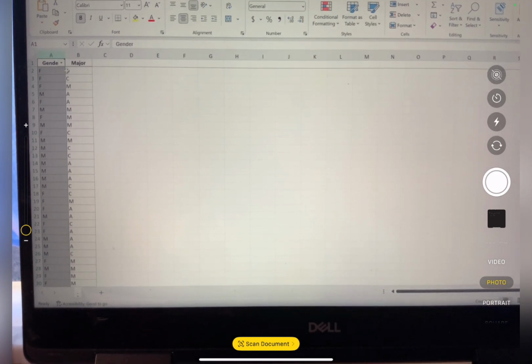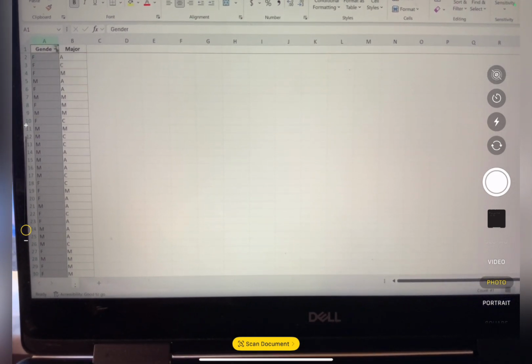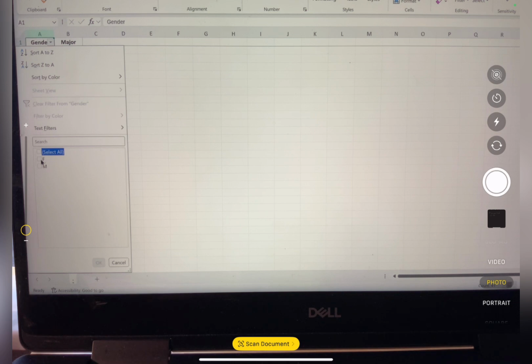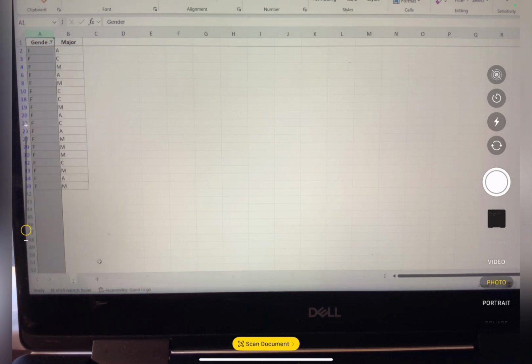Okay, here it is. I can filter it. So I'm unchecking select all and choosing, let's see, female. So first we have all information about female. So I'm going to highlight them.